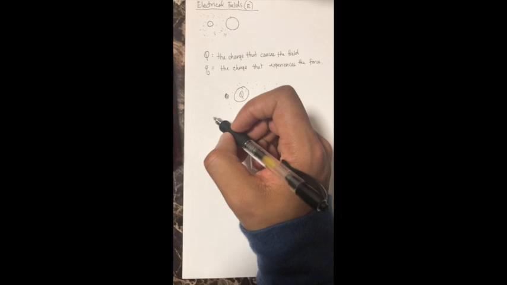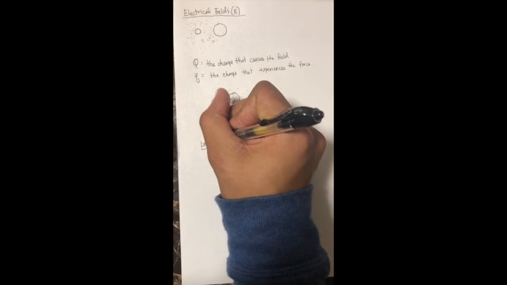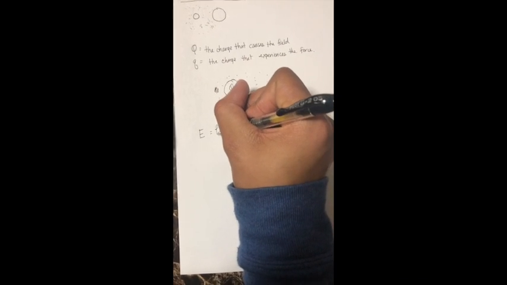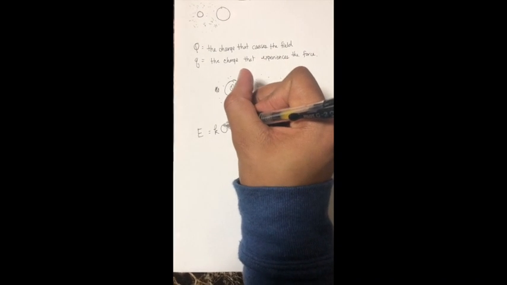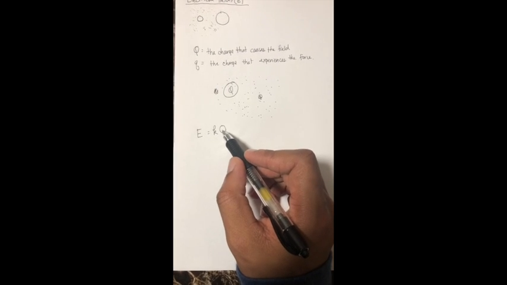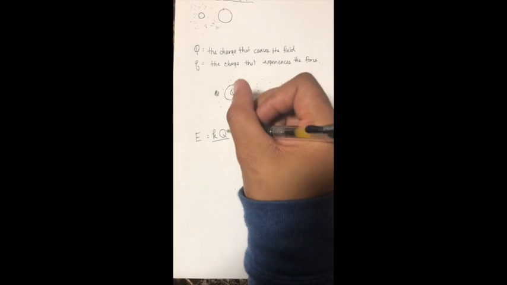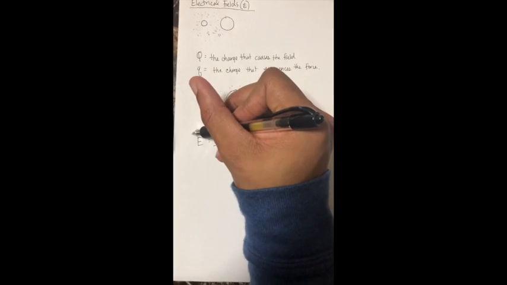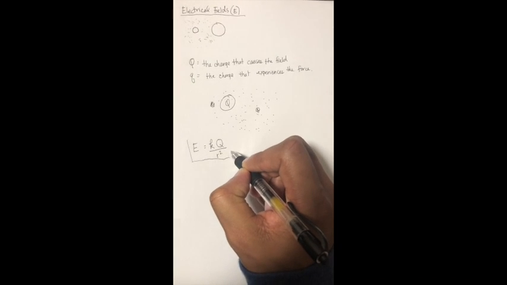So the first equation for electrical field is going to be electric field is equal to this constant times the numerical value of that charge divided by the distance between the two charges. So this is the first equation, for the one that causes the field.